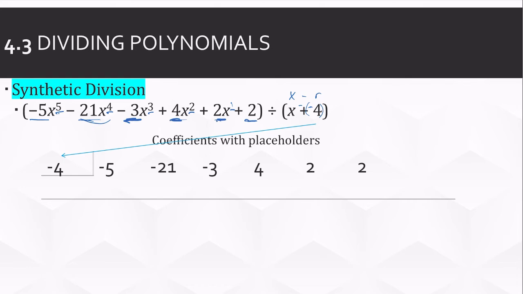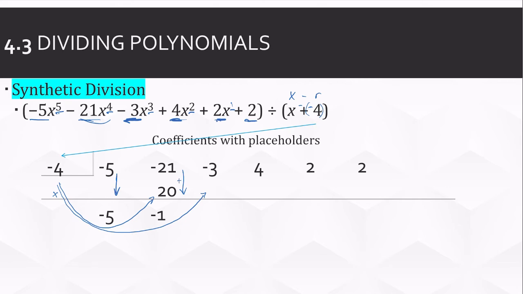All right, first thing is we drop down that negative 5. Then we multiply. Negative 4 times negative 5 makes 20. And then we add. Negative 21 plus 20 is negative 1. And then we multiply.